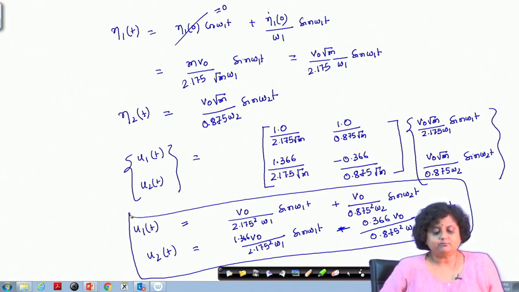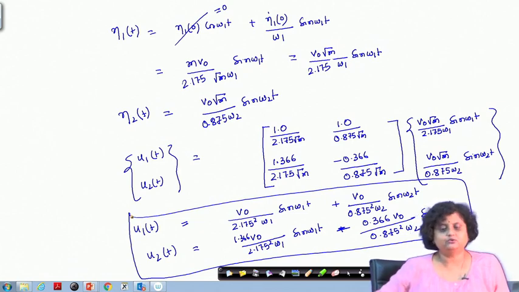But this method of solution gives a much more generalized method of solution, and this can be applied by writing a small numerical code to find out the mode shapes, the mass normalized mode shape, and that would actually help us to get a much easier solution of this system.